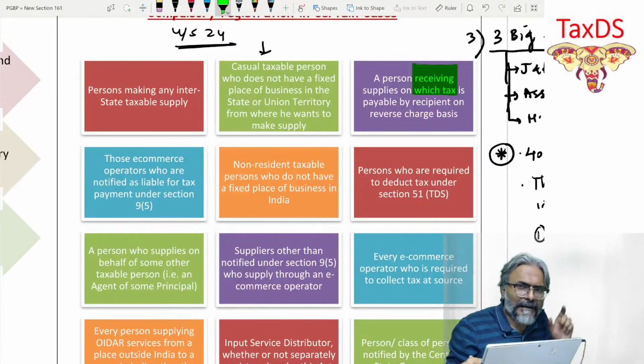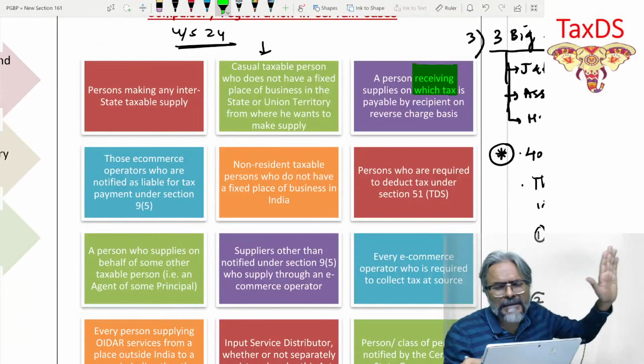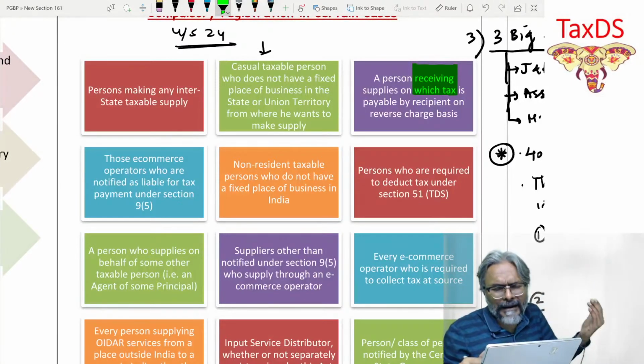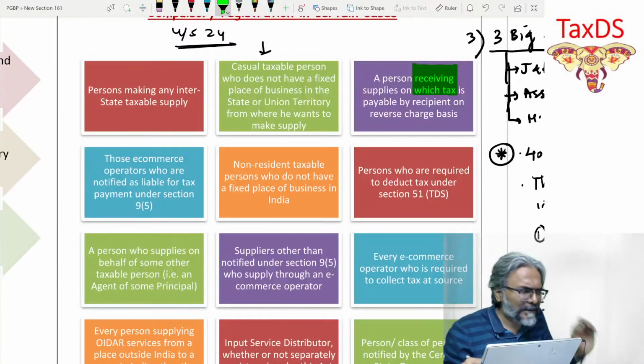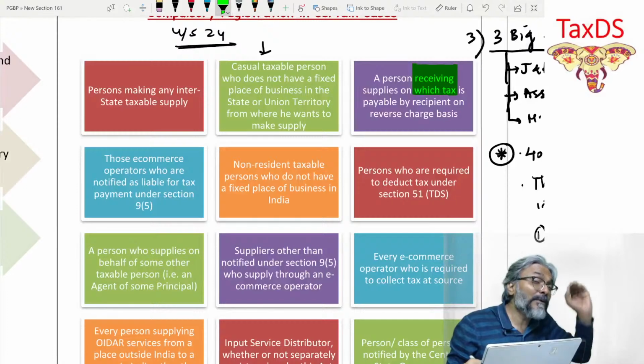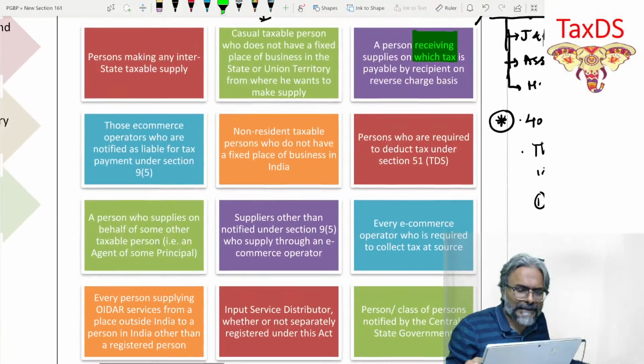And that is the reason why, irrespective of my turnover, I may not be registered at all, because my own turnover does not exceed the threshold limit. Doesn't matter. If I am liable in any transaction to pay the GST under the RCM, then under section 24, I am liable to get myself registered. That is what they are trying to say in this case.